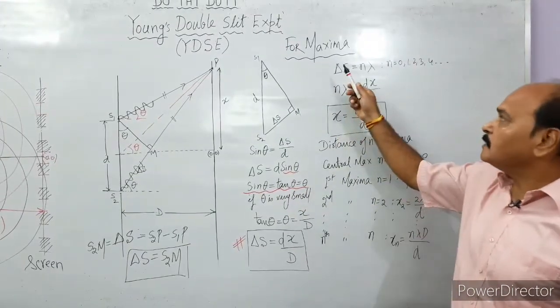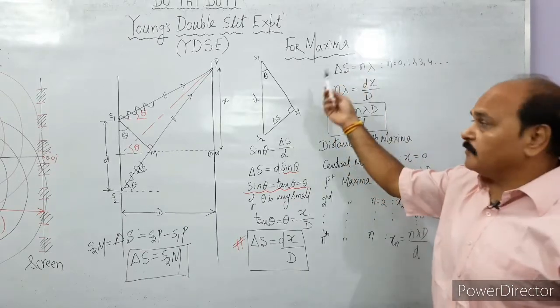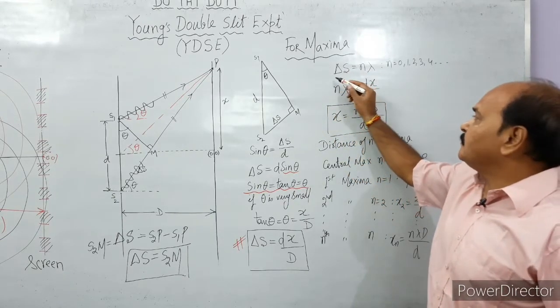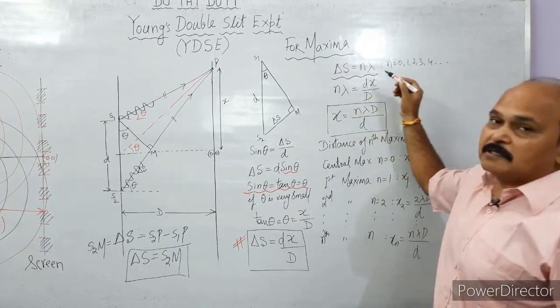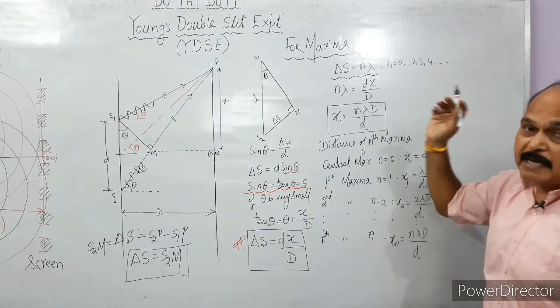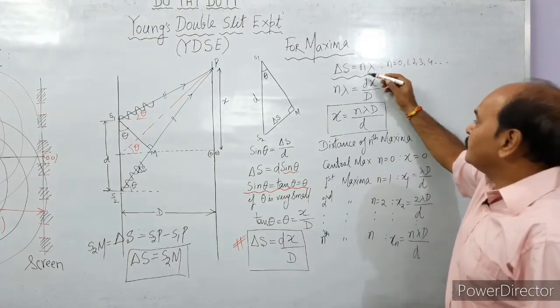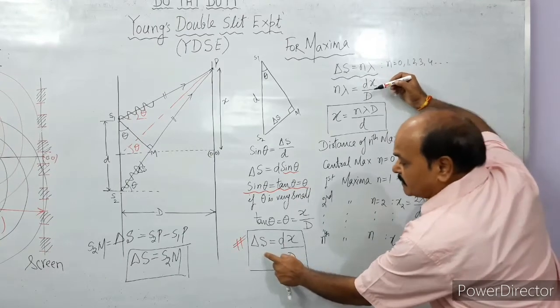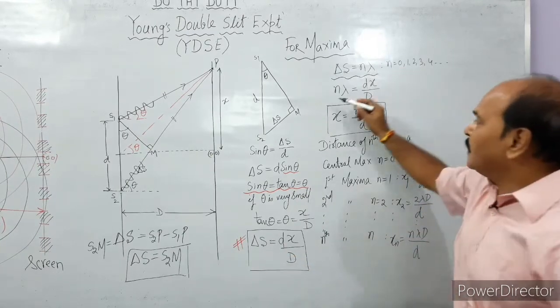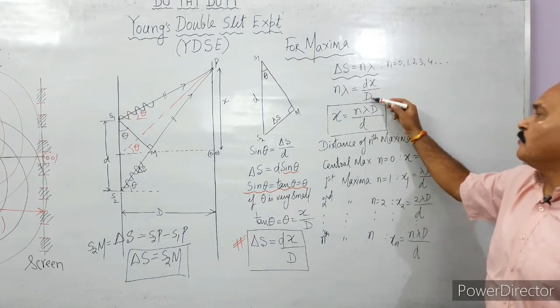For maxima, or bright bands of constructive interference, we know the path difference is n lambda, where n is 0, 1, 2, 3, 4 and so on. n is the order of maxima. If we equate n lambda with delta S, what do we get? n lambda is equal to dx by D. And what do we get x as?